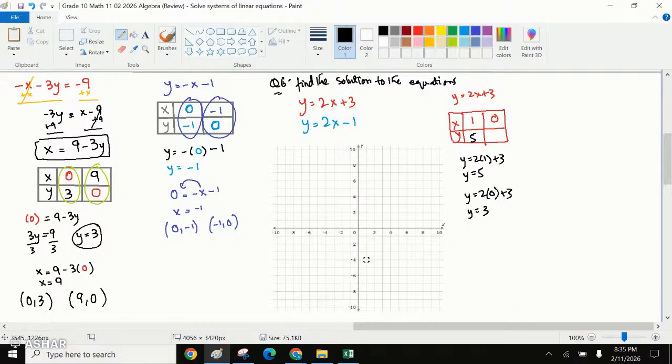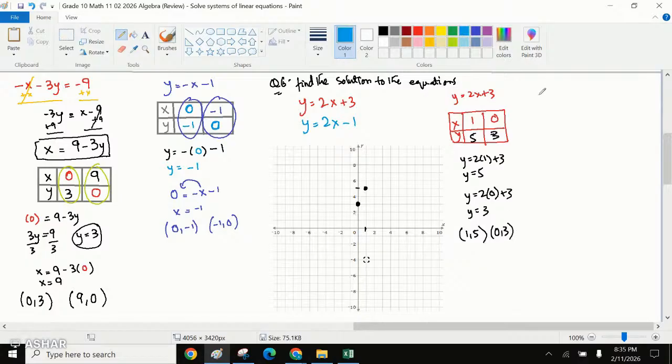Agreed? Do we agree till here? That means 1 comma 5. Sorry, my mistake, 1 comma 5. This is 1, this was 5, and 0 and 3. Agreed? This would be the first equation with the points 1, 5 and 0, 3.